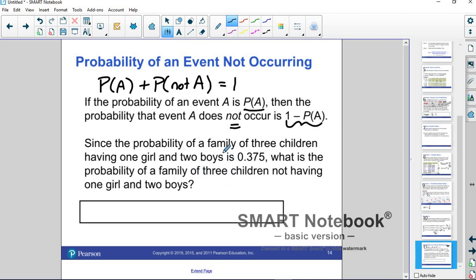So in the book, they calculate for a family of 3 children, the probability that you have 1 girl and 2 boys is 0.375. So what is the probability that you do not have 1 girl and 2 boys? Well, if you had to count that up, guys, that would take a while, right?